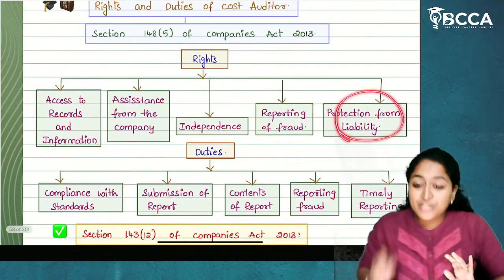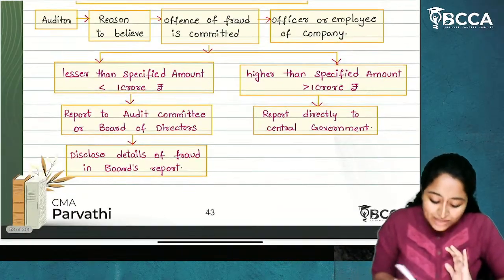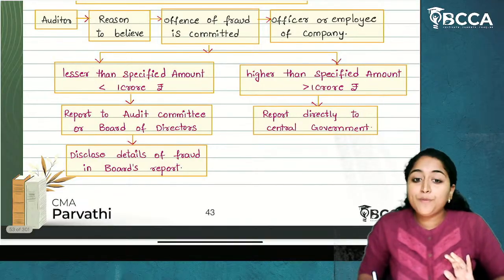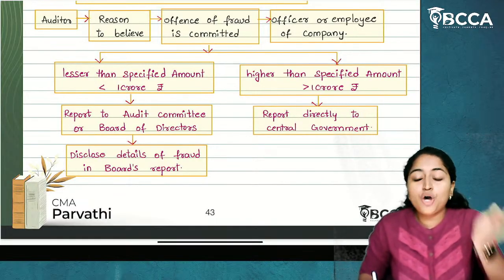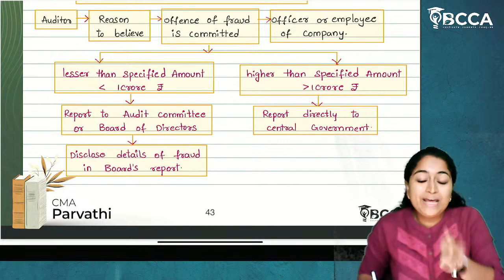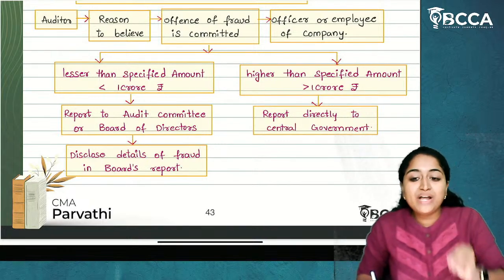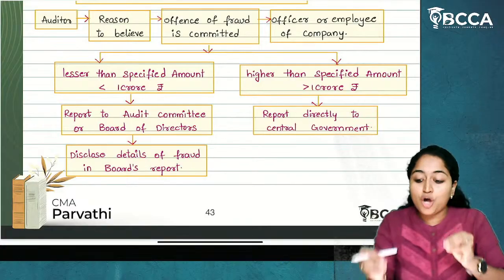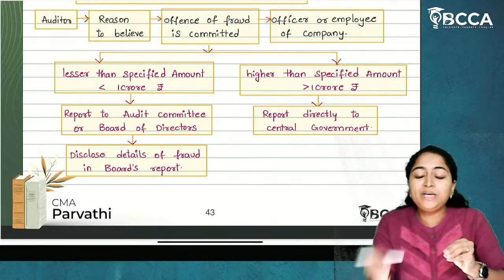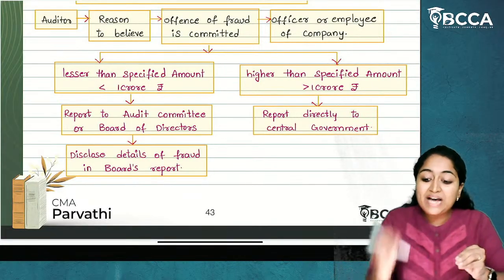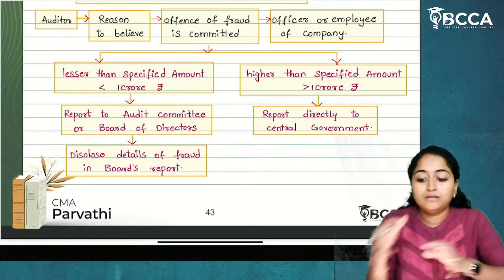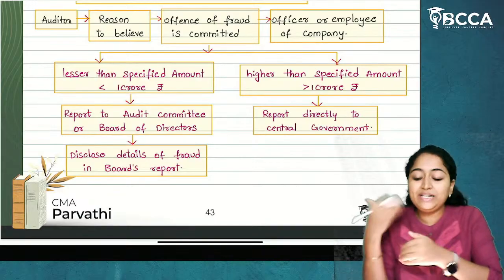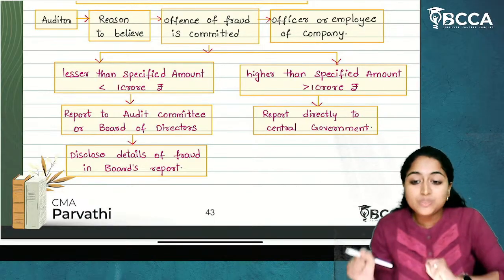Now, what is this protection from liability? Who will appoint the cost auditor? The board of directors will appoint, which means the board of directors acts as an employer to the cost auditor, who is an employee. Now, if the cost auditor is not giving an intimation to the board of directors but directly reporting to the central government, doesn't that mean he is not doing his work properly?